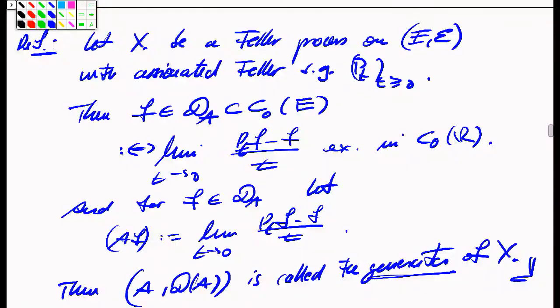So we have just completed a broader picture which tells us that the statistical description of a Markov process is equivalent to knowing an associated semigroup of operators which satisfy certain structural conditions.